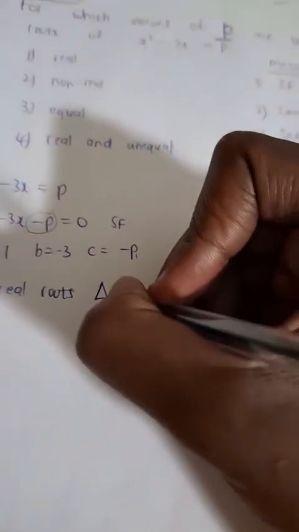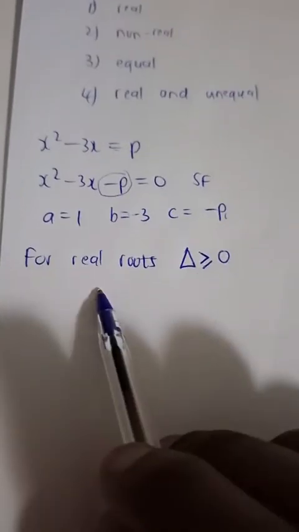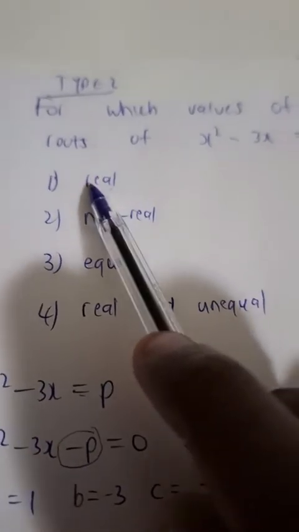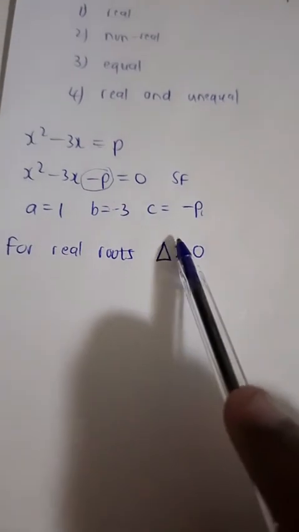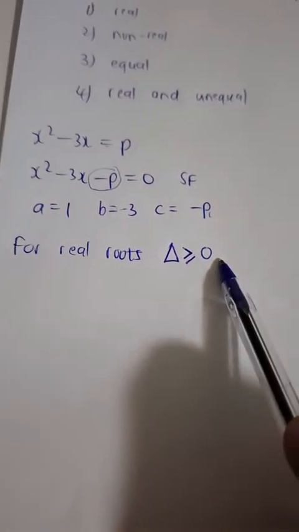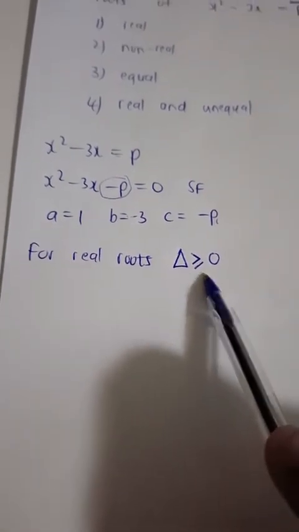But as well, when delta is equal to 0, the roots are also real. So the condition of real roots means that delta is greater than or equal to 0. Then b squared minus 4ac, which is delta, is greater than or equal to 0.